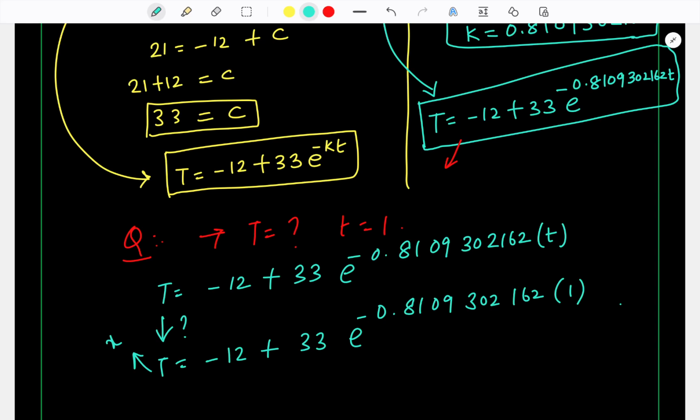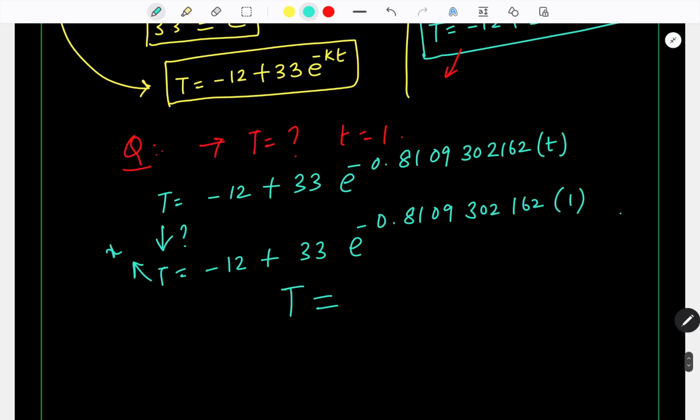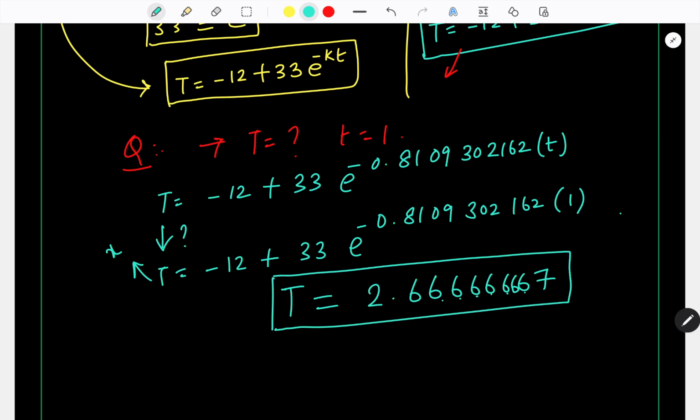Since t is 1, no need to put 1. Shift calc equal. So how much is capital T? Yes, I got it: 2.66666667, with more 6s. So this is your capital T.